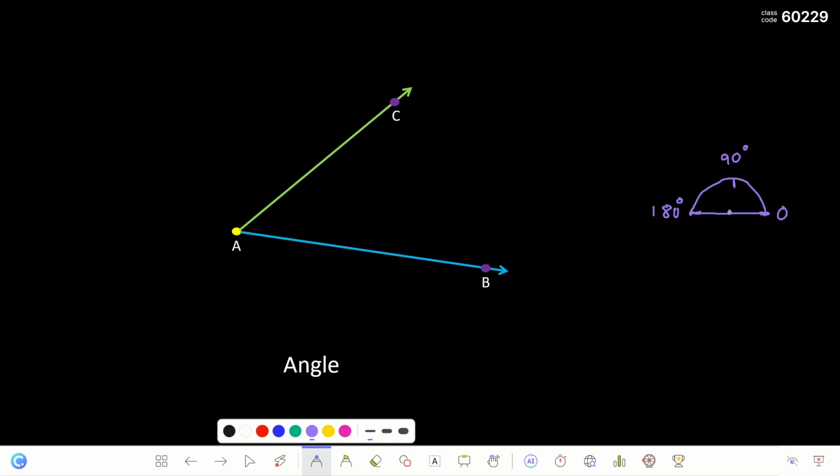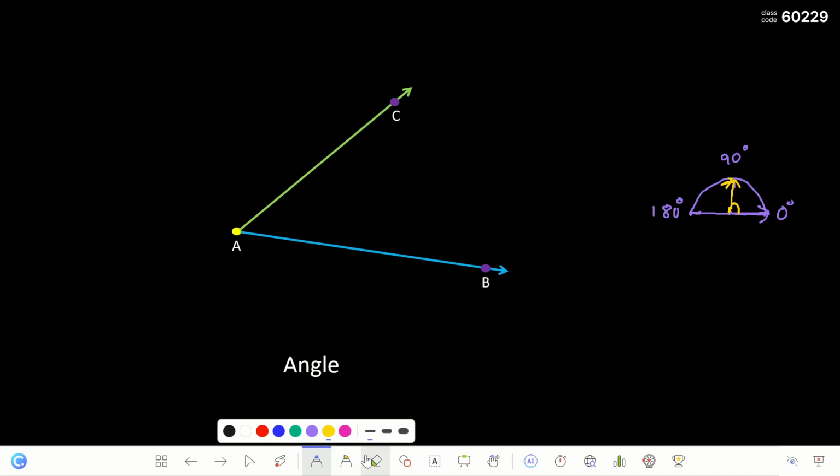So it means that if both your rays coincide at this point, then you have an angle of 0 degrees. If one of your rays is here and the second ray is somewhere here, this angle formed is a 90 degree angle, and so on and so forth. As this second ray goes along this side, the angle increases.